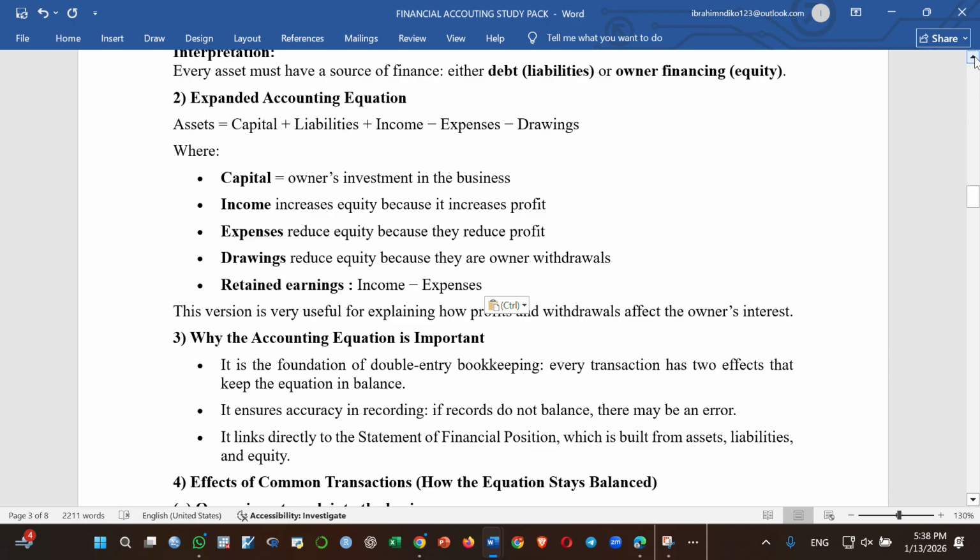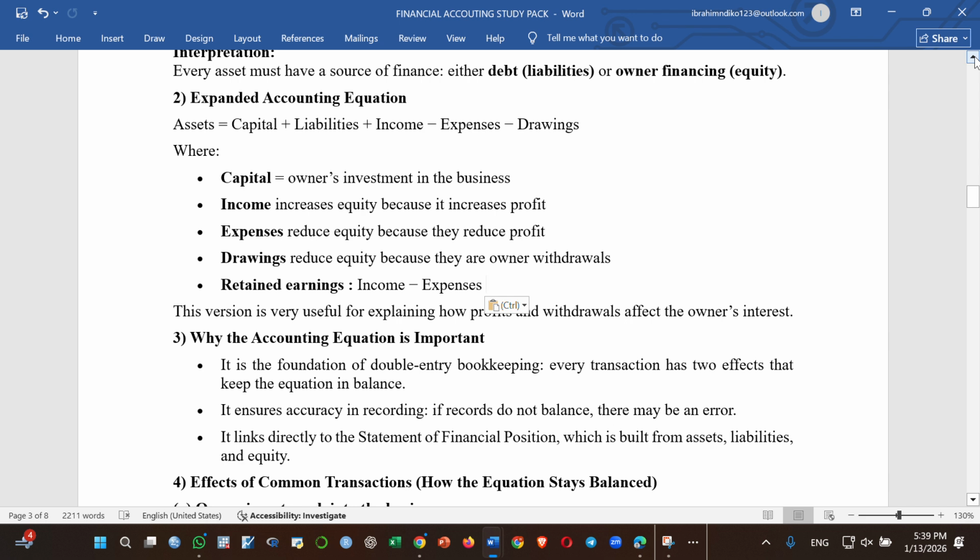Asset is equal to capital plus liability plus income minus expense minus drawings, where capital is the owner's amount or owner's investment. Number two is the income, and you said income is the increase in the economic benefit. Then you have expense, which you said is the reduction in the economic benefit.